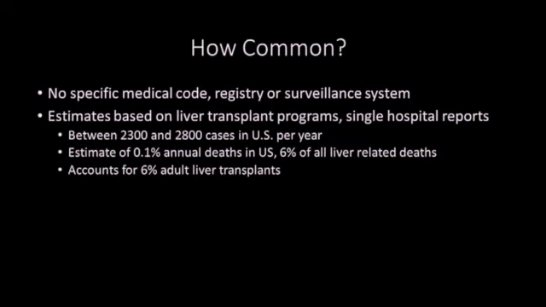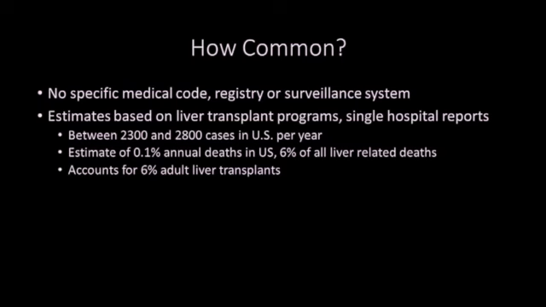How common is this entity, which perhaps you may or may not have even seen a patient of? There is no specific medical code or registry or surveillance system, so it is a little bit difficult and there are only estimates. These estimates come from centers which have liver transplant programs because many of these patients are transferred to such centers for their care and often for liver transplants, and so all of the information we have comes from single hospital reports.